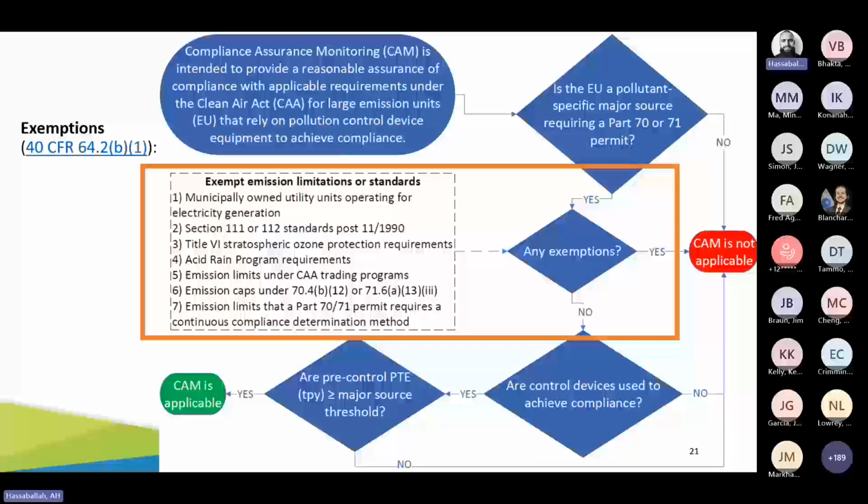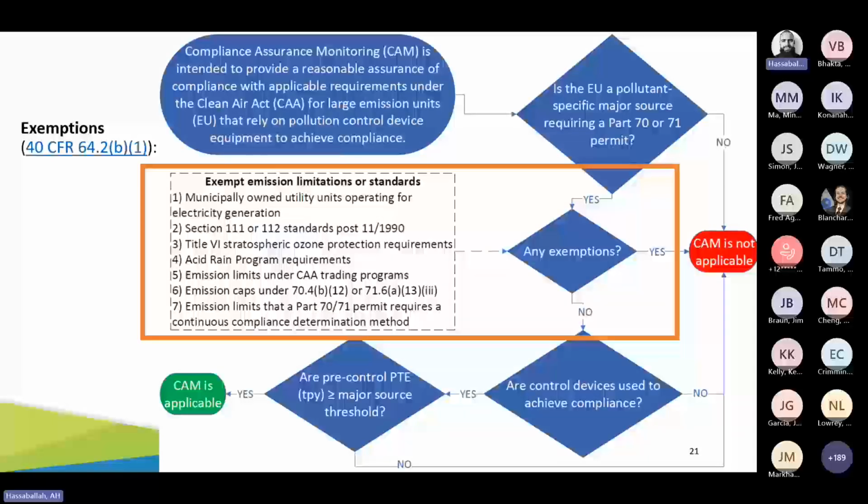Okay, this brings us to the next stage. Now that we have a pollutant-specific emission unit for a major source requiring an operating permit, we reach a stage where we can have exemptions. These exemptions can nullify the CAM applicability.